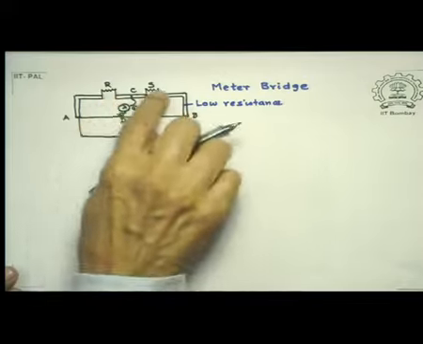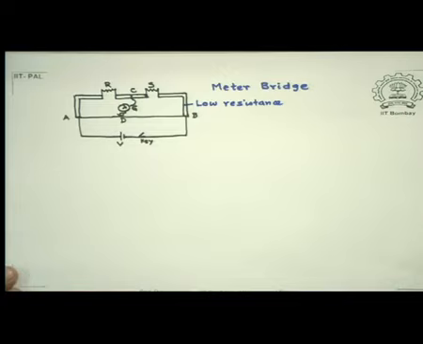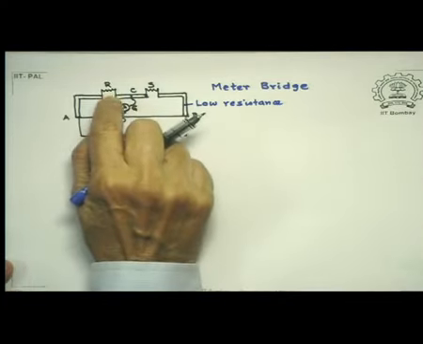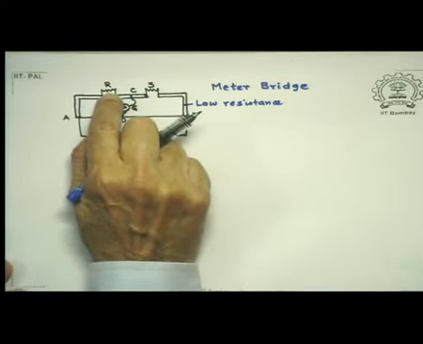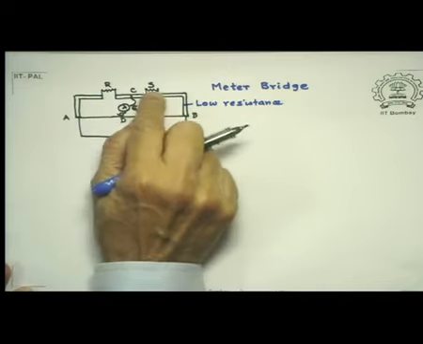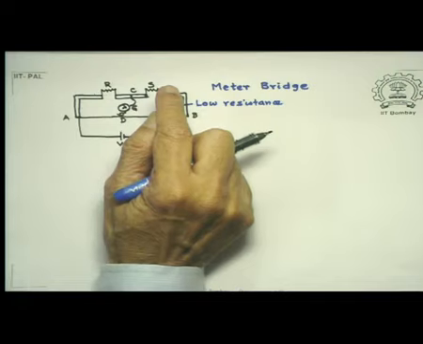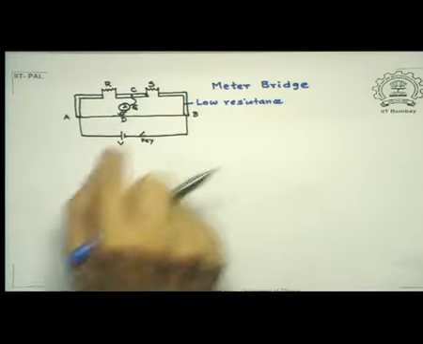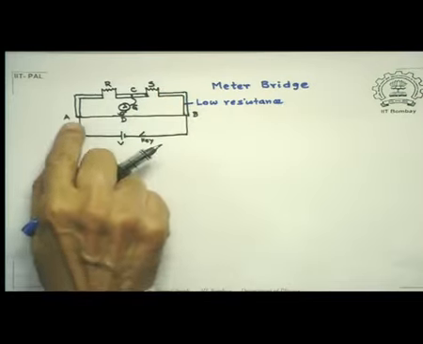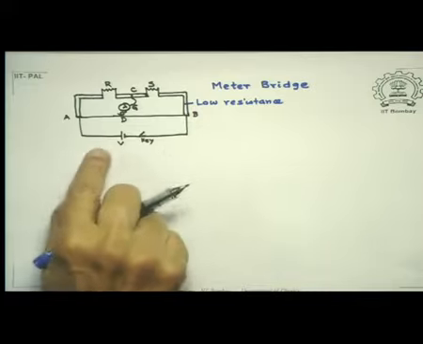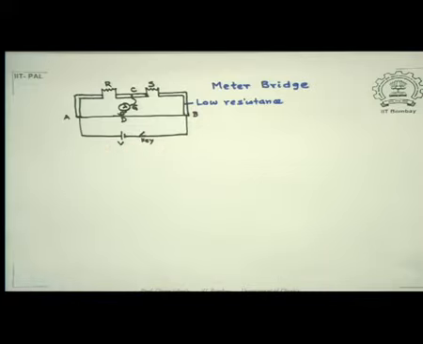There are two gaps in these low resistance connectors. Across one, there is a wire of resistance R, and across the other, there is a known resistance S, and the two ends A and B are also connected to a battery with a key.